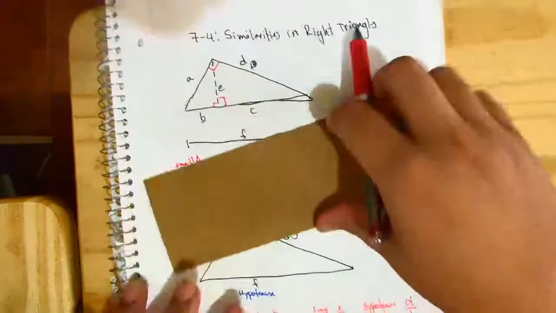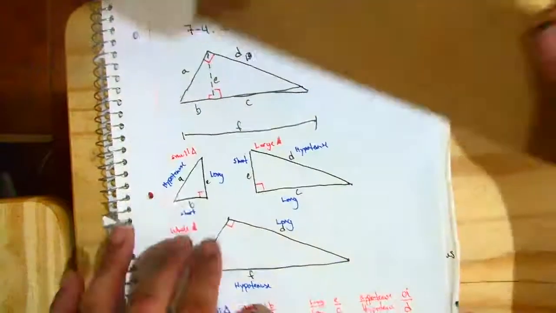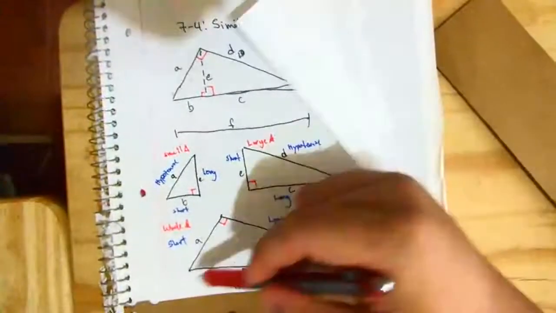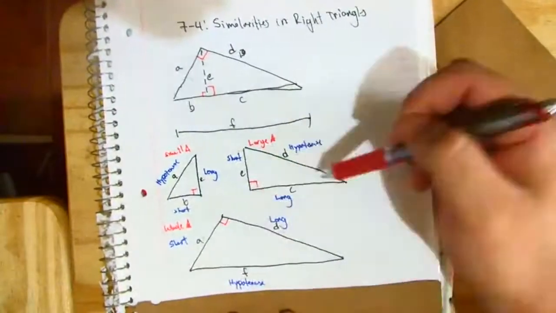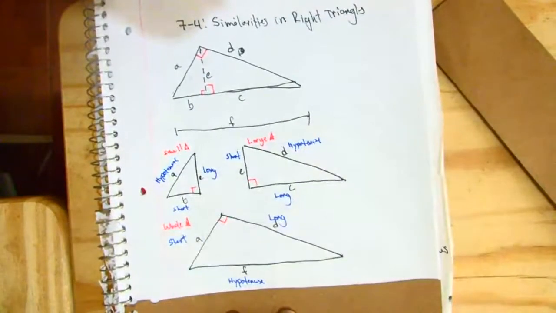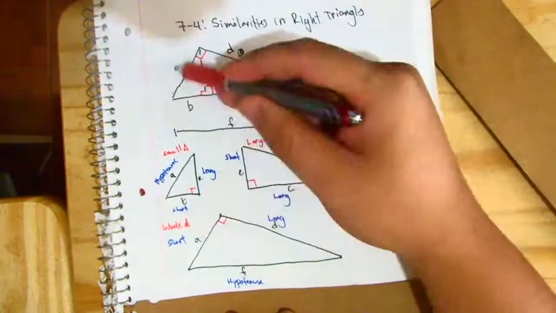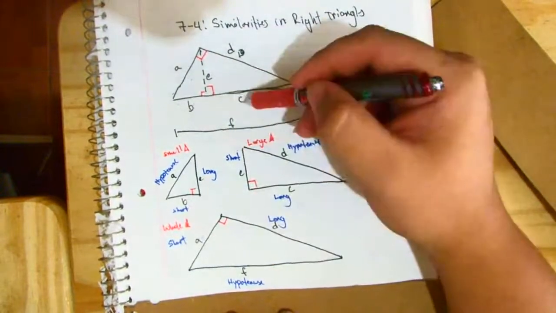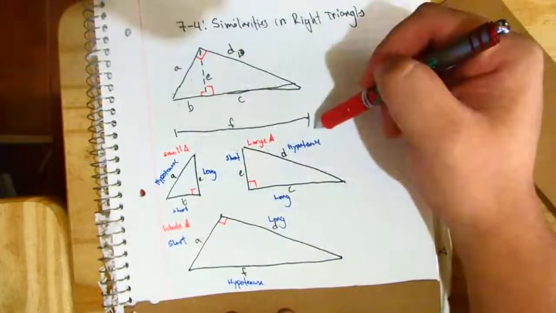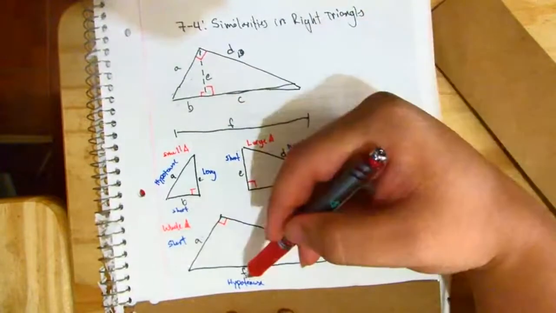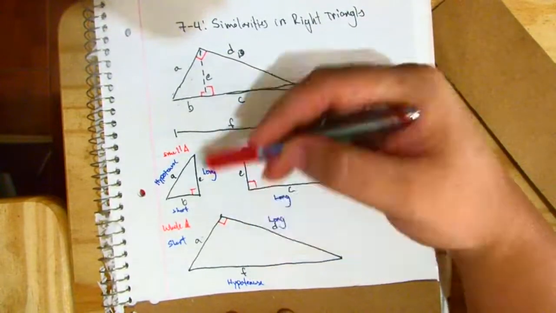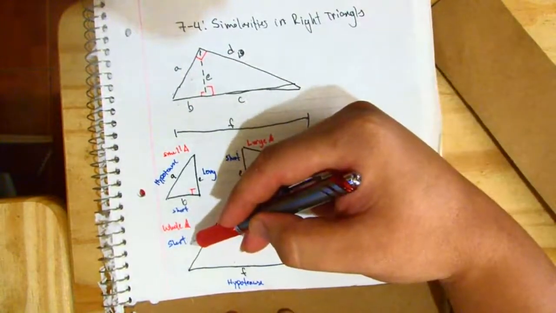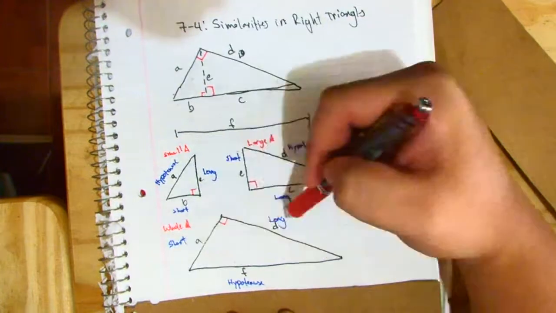The last one I'm comparing is the whole triangle. When you draw the whole triangle separately, you can label this as A, this as D, and here you can write B plus C, or just represent it with the whole, which is the value of F. Once again, once you draw the whole triangle, label each side.